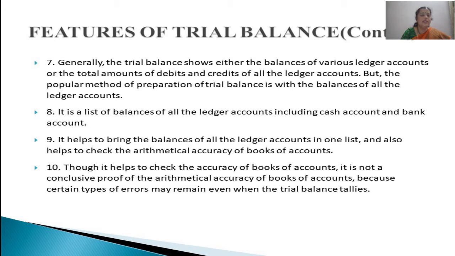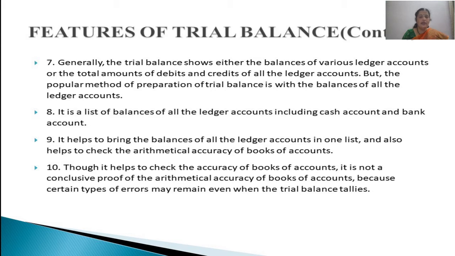There are two methods: the totals method and the balances method. In the totals method, we don't go for balancing; we make the debit and credit totals of all the accounts and write those totals in the trial balance.